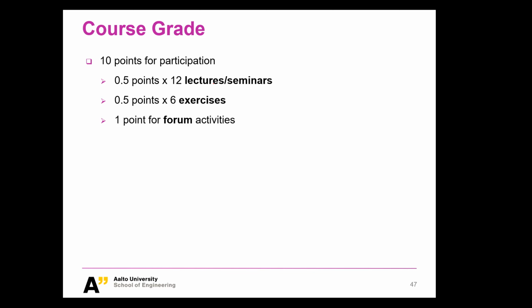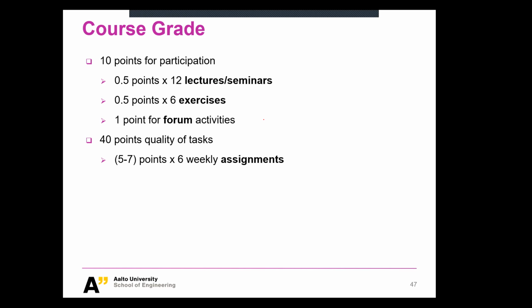So these are the 10 points for participation. Don't forget there's 1 point for forum discussion. You can get a point if you just post something: you ask a question, or you answer somebody else's question. Now I'm wondering why the second slide doesn't show. Okay. Then the majority of the points come from the weekly tasks.